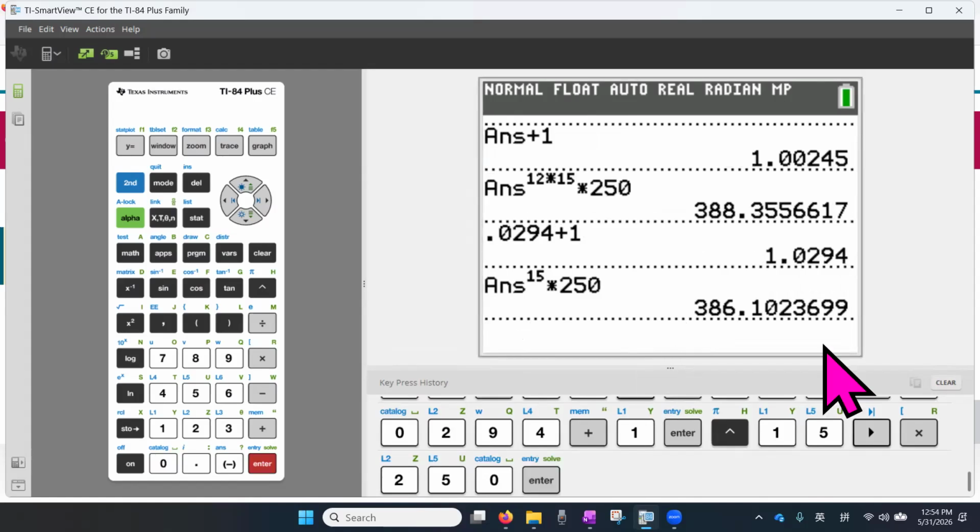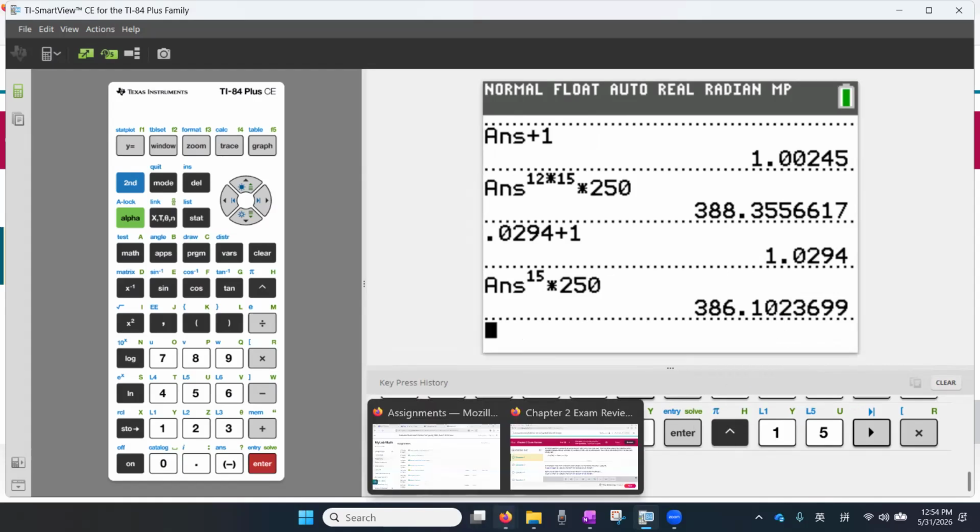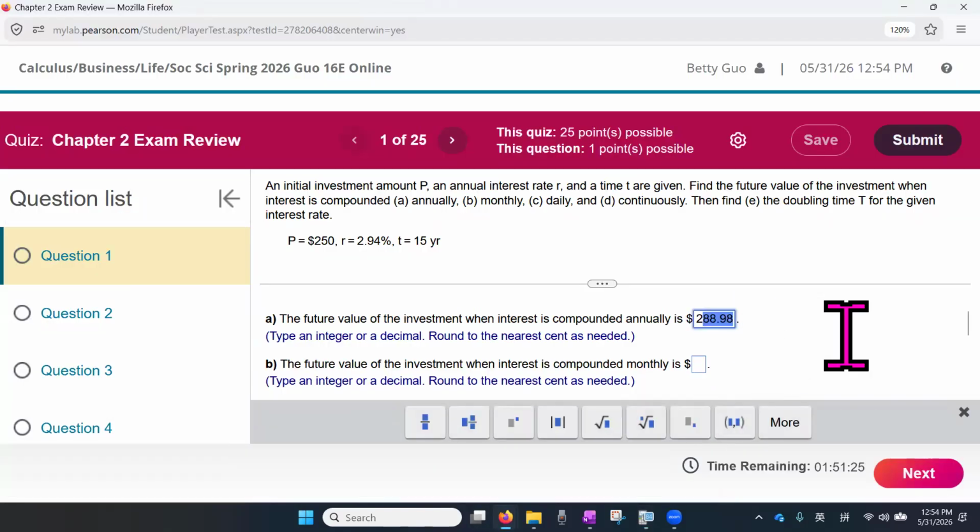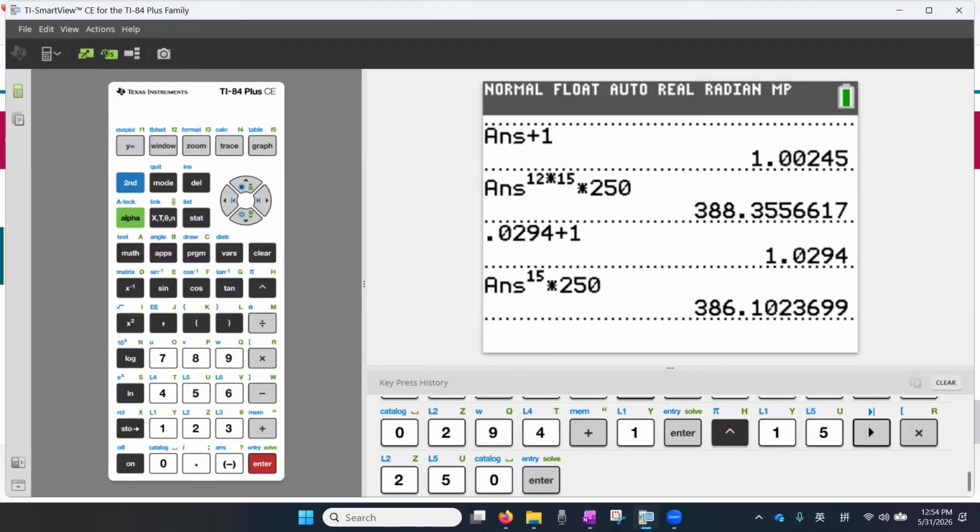And this time sounds good. 386.10. Okay. And compounded monthly is 388.36.